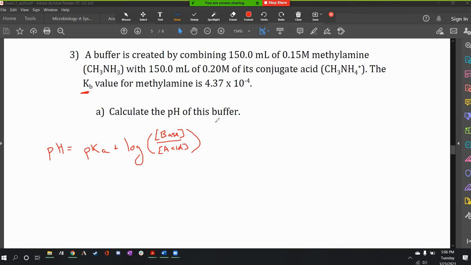The Henderson-Hasselbalch equation uses pKa, but it's not really that big of a problem because we can find the pKb by taking the negative log of Kb. And I'm pretty sure pKa plus pKb equals 14. Let me check. pKa plus pKb, yeah, 14.